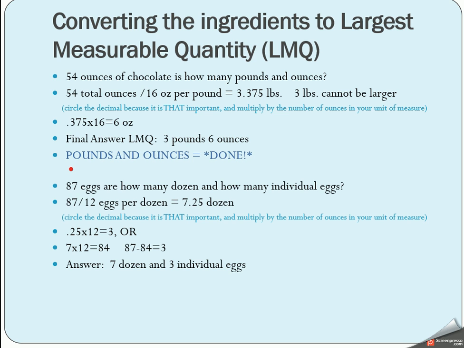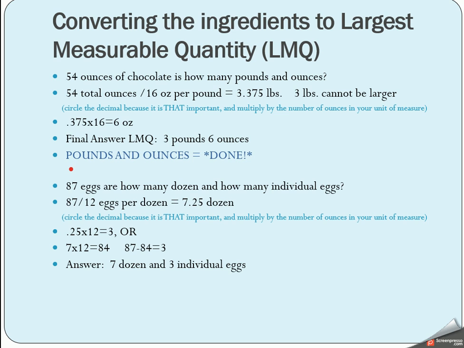If I have 87 eggs and I want to know how many dozen and how many individual eggs there are, I'm going to take 87 and divide it by 12 eggs per dozen, and that will give me 7.25 dozen. Now, same thing happens here. I can take that 0.25, circle the decimal point because it's that important, and multiply by the number of items in my unit of measure, right?